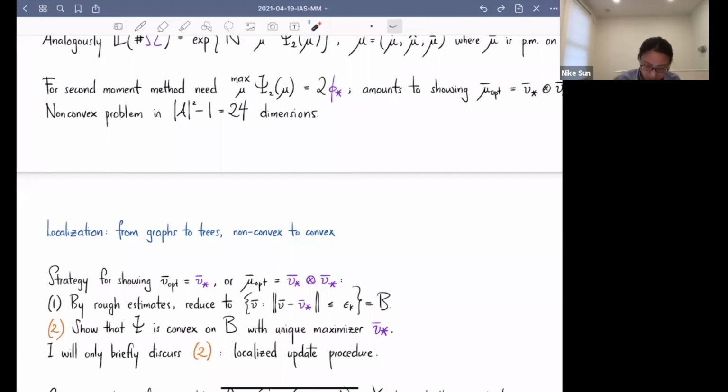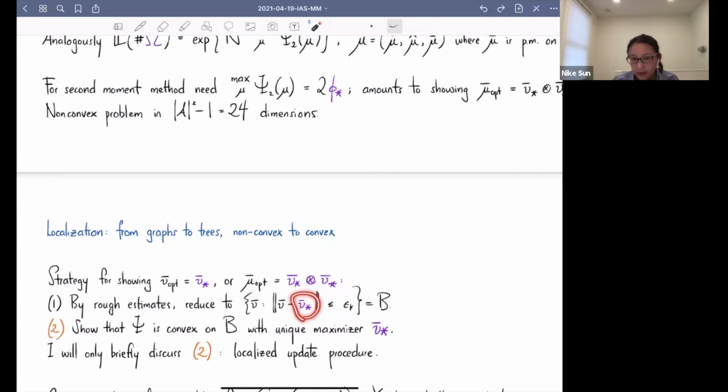So just broadly, the strategy is that first, it's not a convex function, but you have some combinatorial estimates that you can do. So you do as many of these rough estimates as you can, and you try to show that the optimizer has to be reasonably close, within some epsilon, of the thing that you hope to be the maximizer.